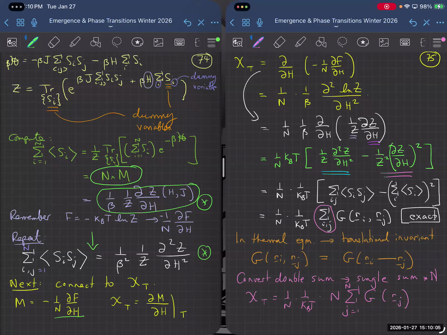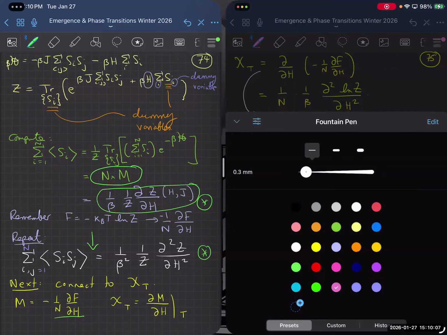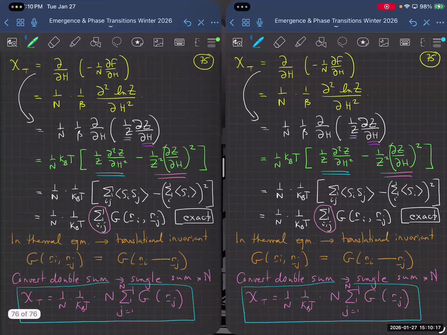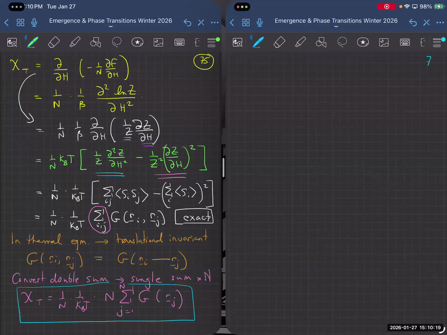And that is an exact result. And it's called the static susceptibility sum rule.